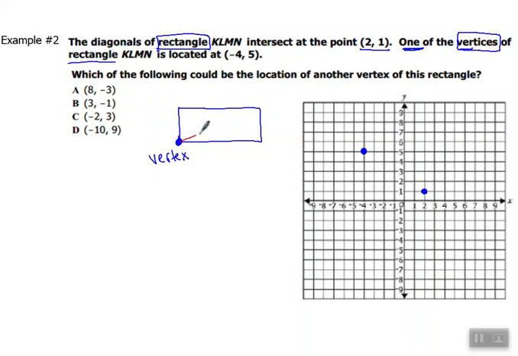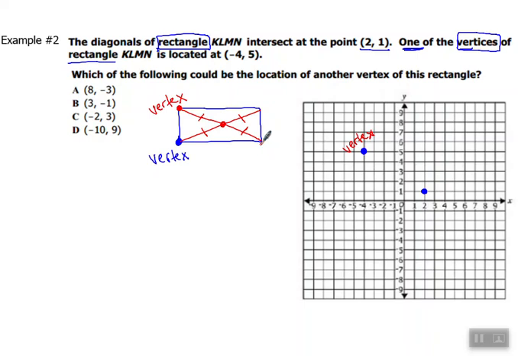Now, if we draw the diagonals of a rectangle, the diagonals have to bisect each other because in a rectangle, that's what they do. The diagonals are congruent and bisect each other. So that means from the vertex, that would be in this picture up here, to the point where the diagonals intersect, that's going to be halfway down to the other vertex.